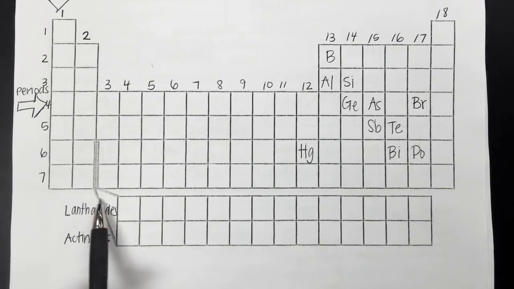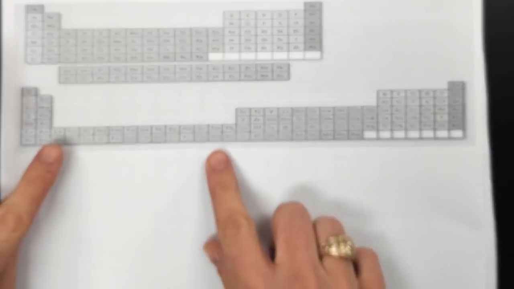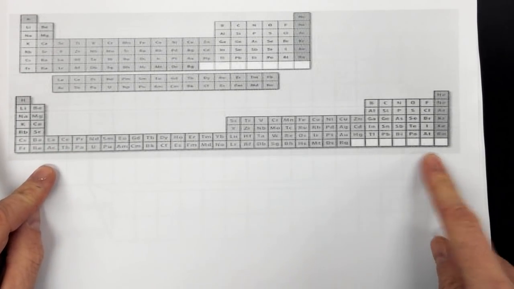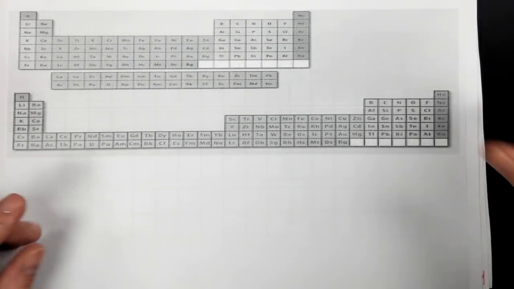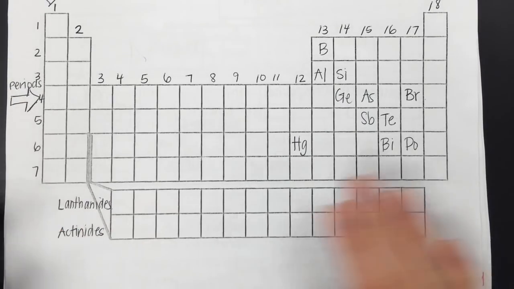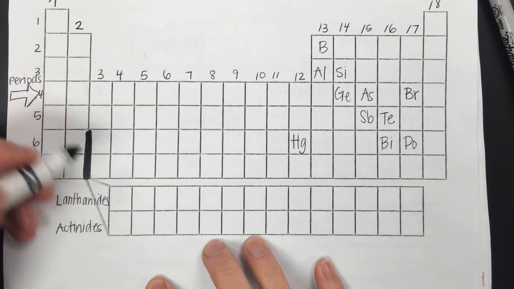You need to know lanthanides and actinides. But I also want to point out that the reason they're shifted outside of the periodic table is because if they were where they belonged, the periodic table would be seriously long. Like the periodic table on the wall would go from the hood to my door. And that's just inconvenient. So they're shifted down, and you can see where they come in right here.